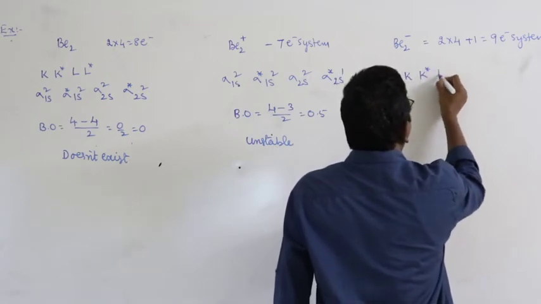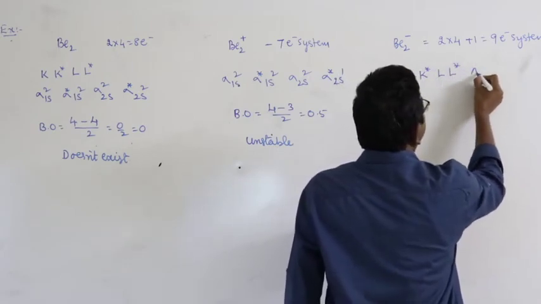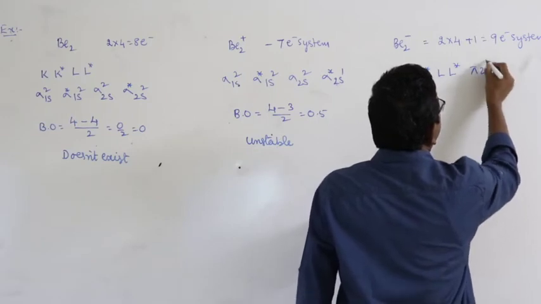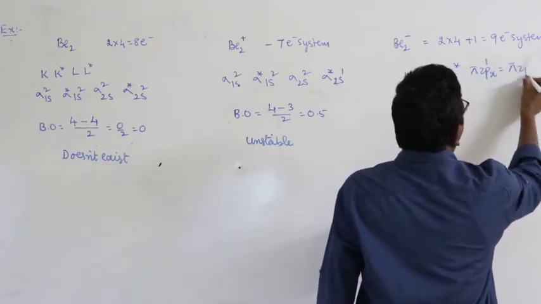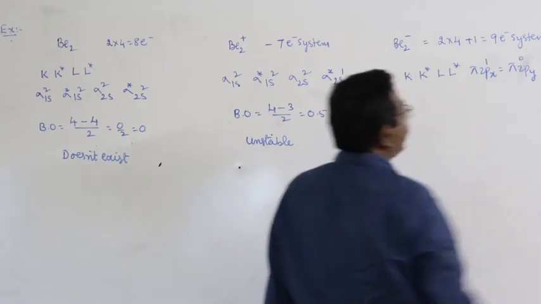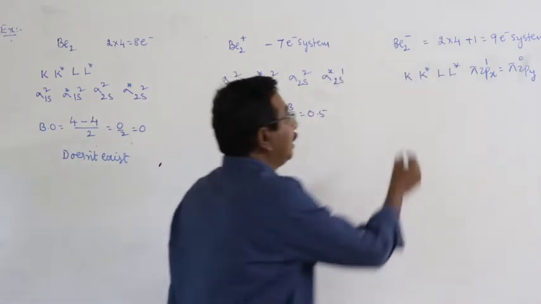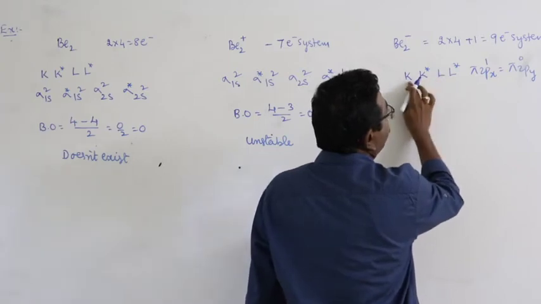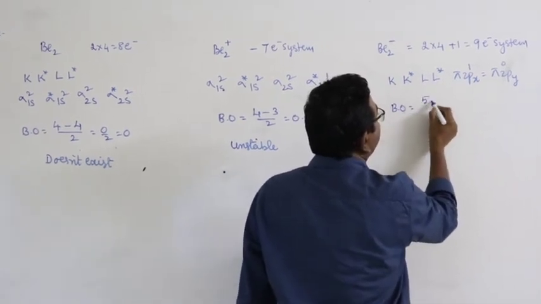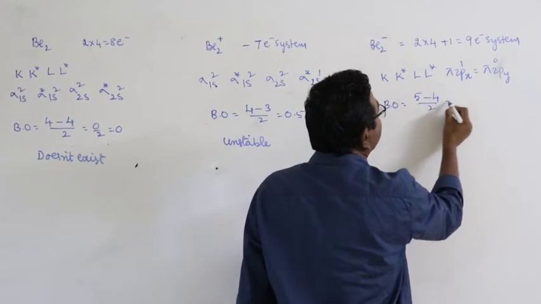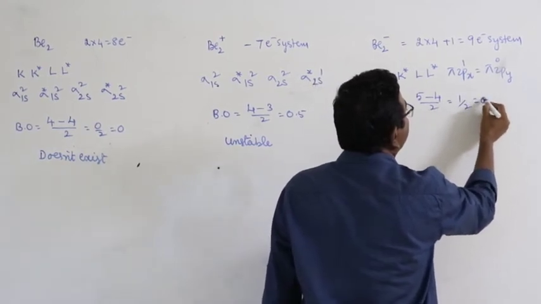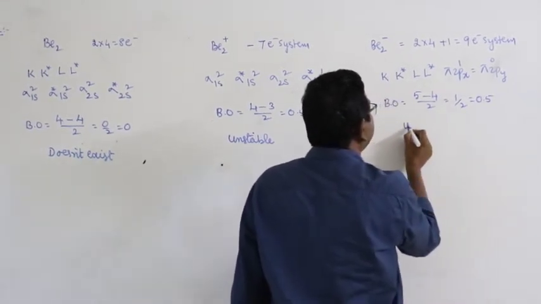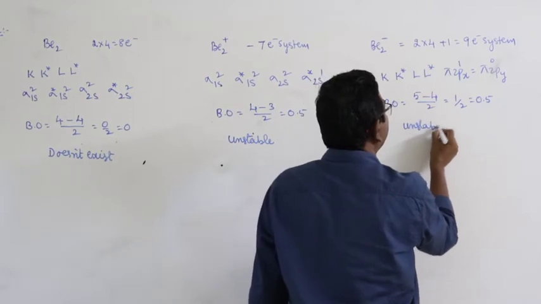K star, L star, pi 2px1 is equal to pi 2py0. Here bond order is equal to 2 plus 2, 4, 4 plus 1, 5, 5 minus 4 by 2, that is equal to 1 by 2 is equal to 0.5, means unstable.